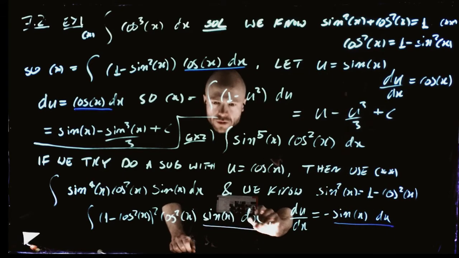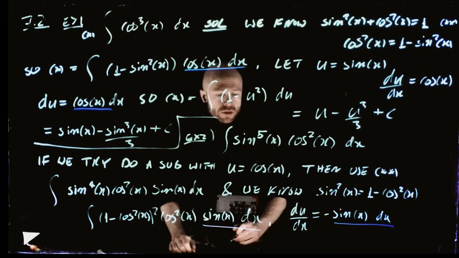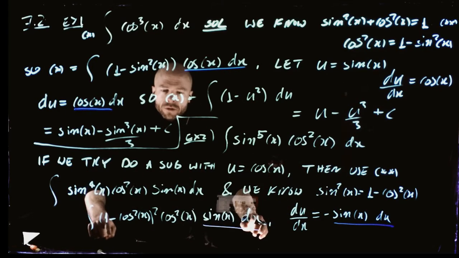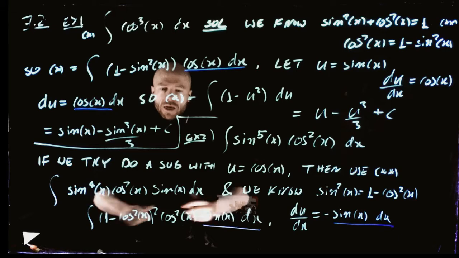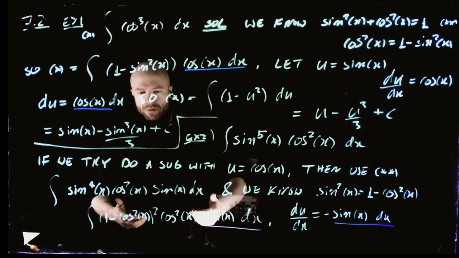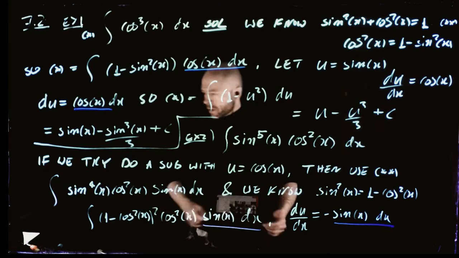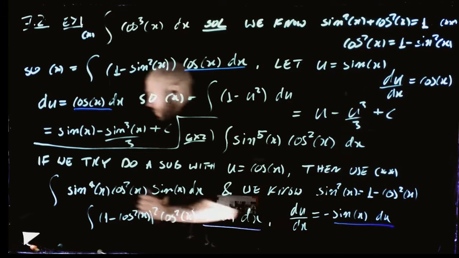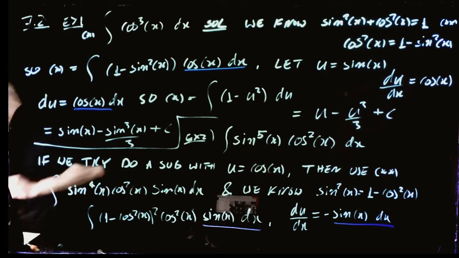Then we can turn everything in this integral into something to do with u, and we're okay, because it's just going to be integrating a polynomial in u. Let me see if I can erase the top of the board so I can keep all the information right here.